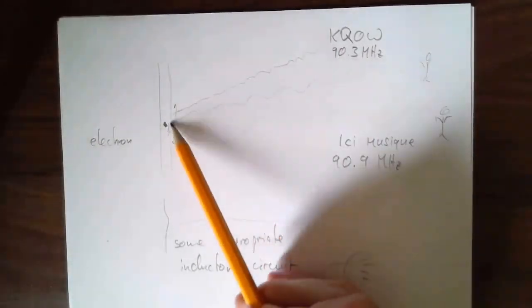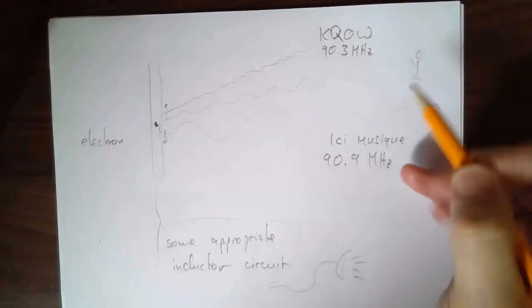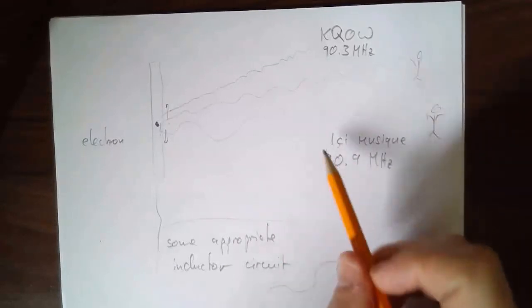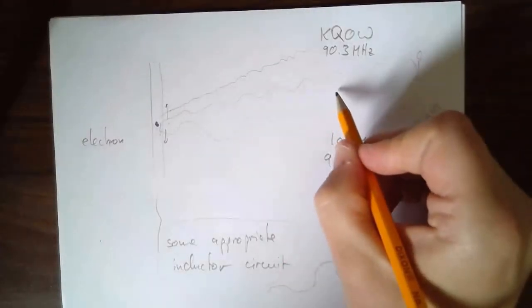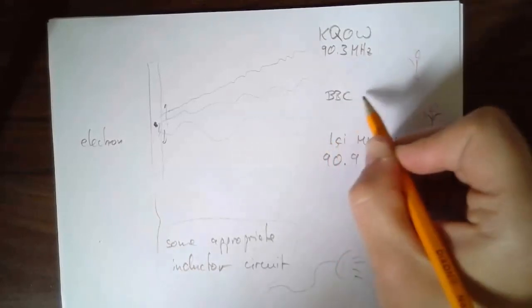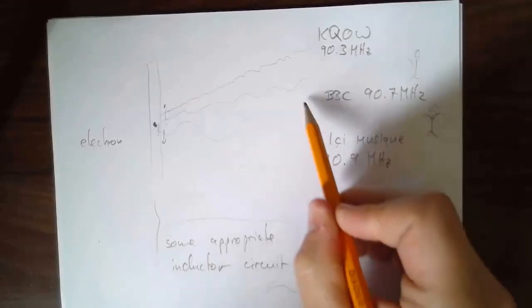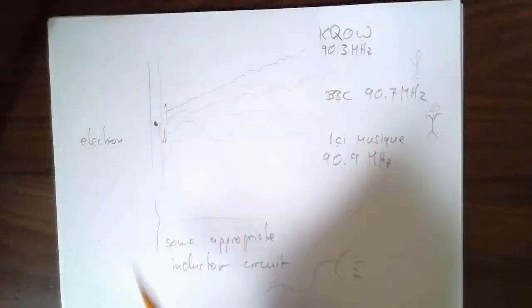It just acts like a mass on a spring. You're changing some resistance in that circuit. Maybe you've got another friend called the BBC, who's also somewhere around 90.7 megahertz, and they also send messages.